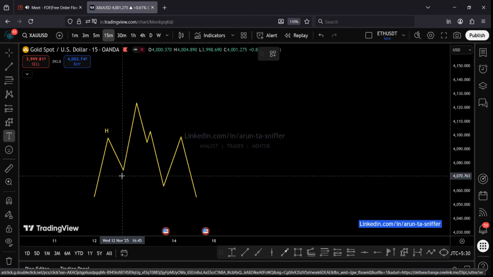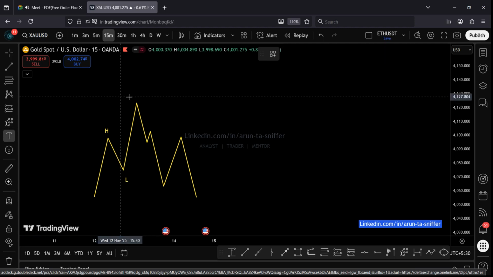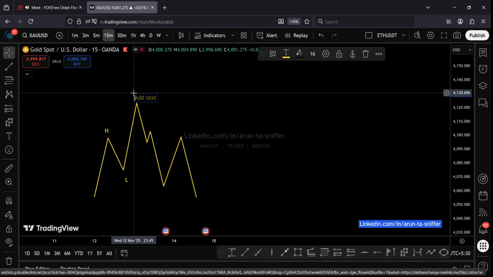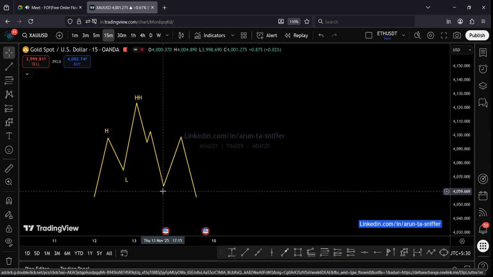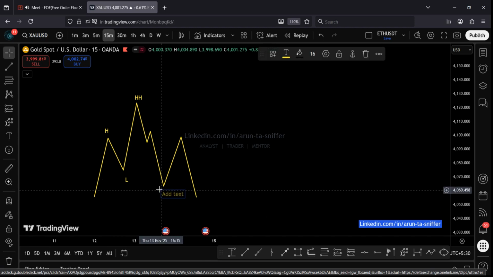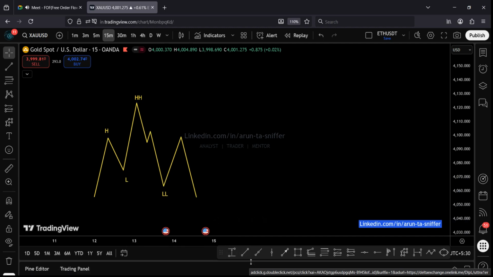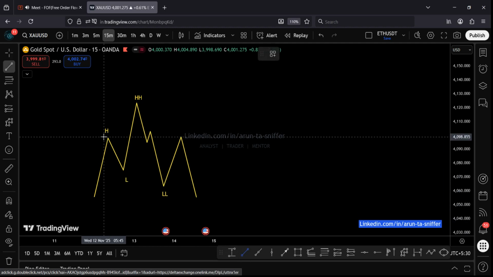High goes to high, makes a low, goes and makes a higher high, then makes a lower low. Okay, so this is our QM level.